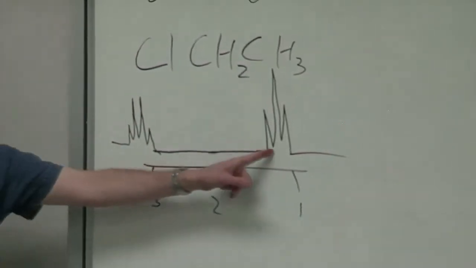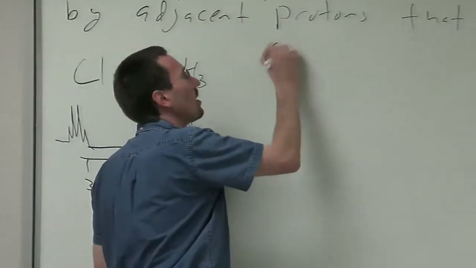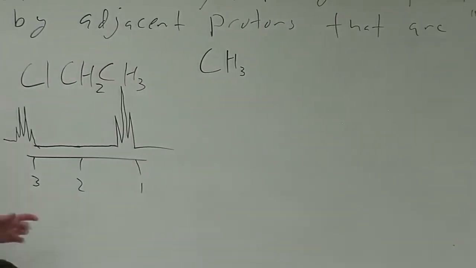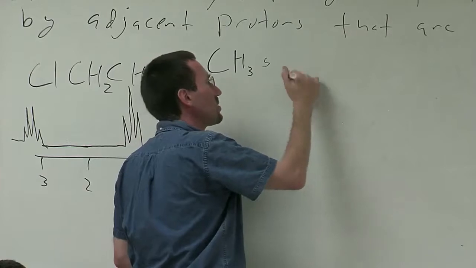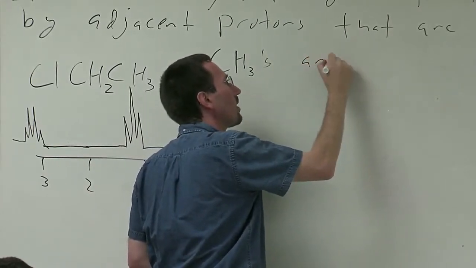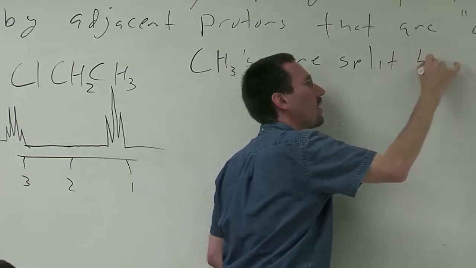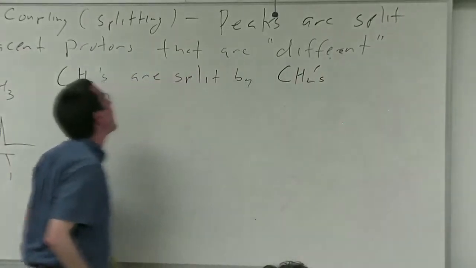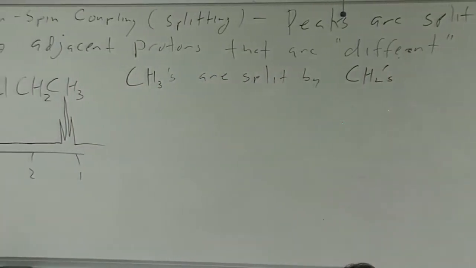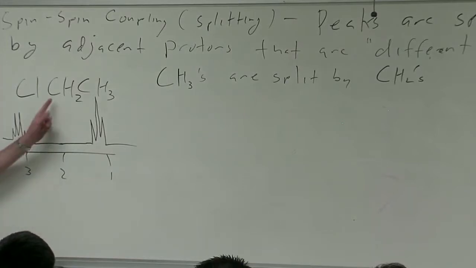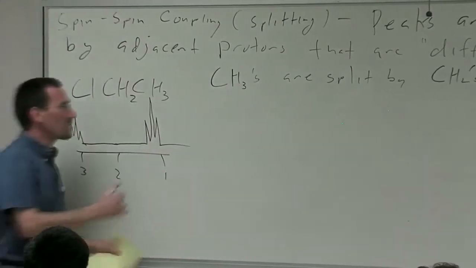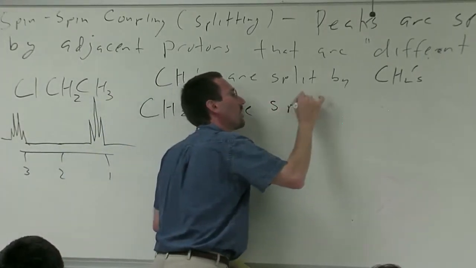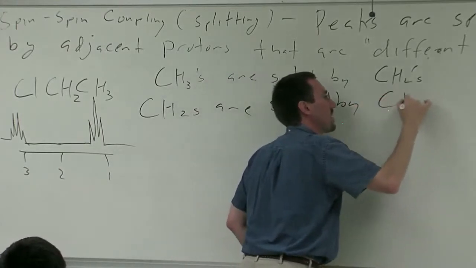The triplet comes, of course, from the CH3. And I can say that in this particular example, CH3s are split by the adjacent CH2s. And the CH2s are split by the CH3.